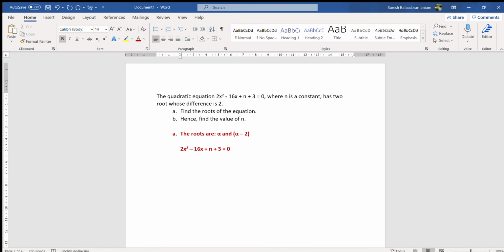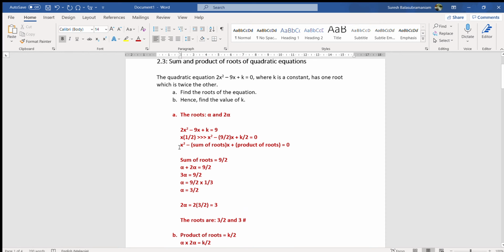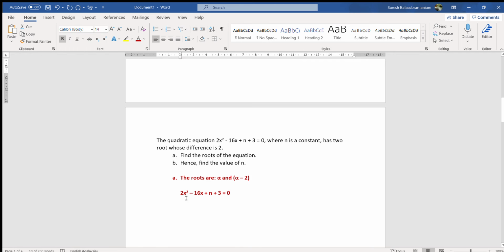I want to change the quadratic equation into the standard format of sum of roots and product of roots. So just copy and paste it here. To change it to the standard form, you need a to be 1, but our a is 2, so I'll divide this by 2, or multiply by 1 over 2.